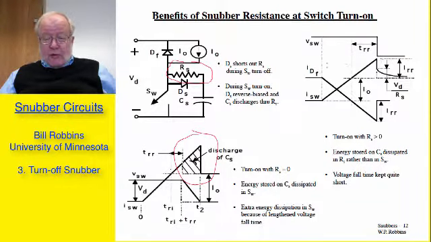The resulting waveforms then take on the form that I show here on the upper right hand side. The current in the switch builds up to the I0 value, continues to the peak reverse recovery current, and then drops down to the on-state value of I naught. There isn't any further delay of the turn-on interval as we had when RS is equal to 0.